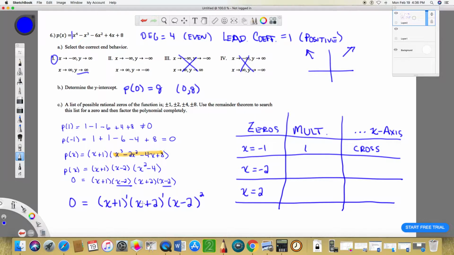The 0 at -2 has a multiplicity of 1, and that's an odd number. Both of those are odd numbers. But here, the 0 at x equals 2 has a multiplicity of 2, and that's an even number, so it's a touch.